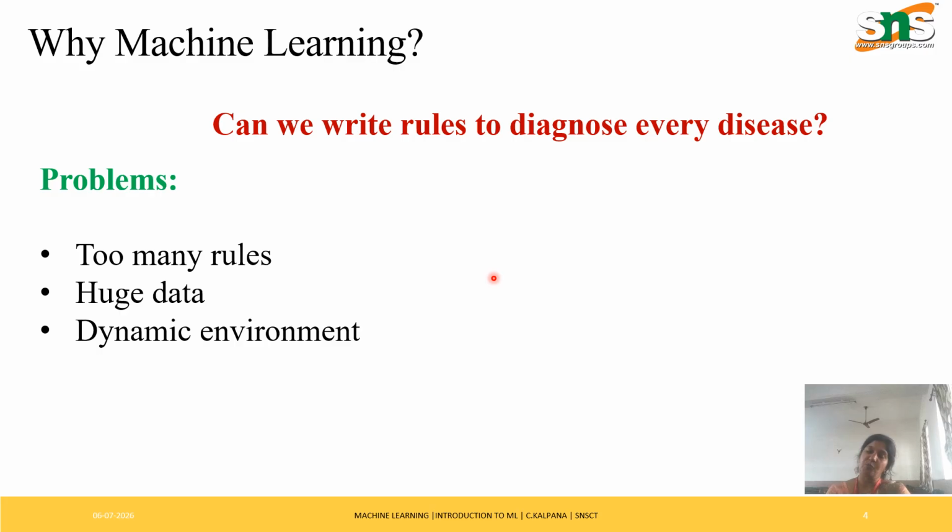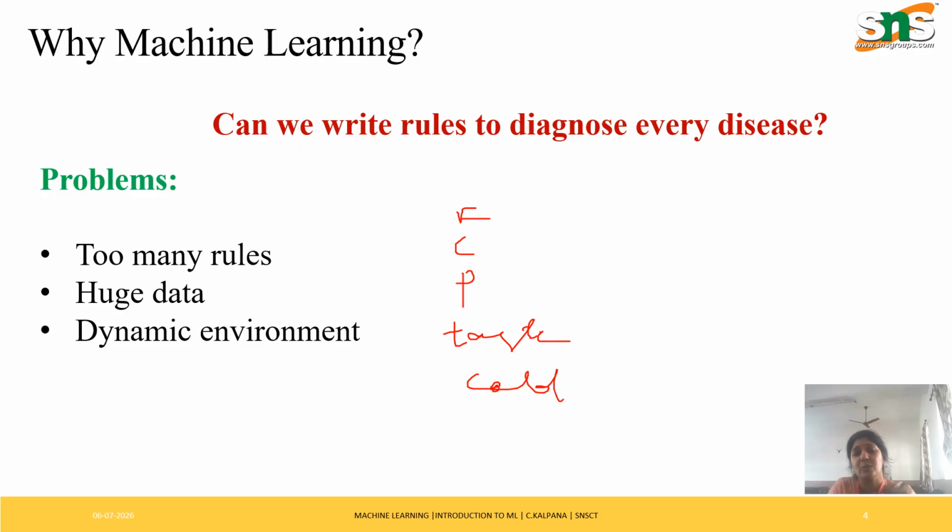In that case, what we can do is give a set of data to the system. The system will learn and predict the output. Let's say a person has fever, cough, body pain, taste problem and so on, like fever, cold.